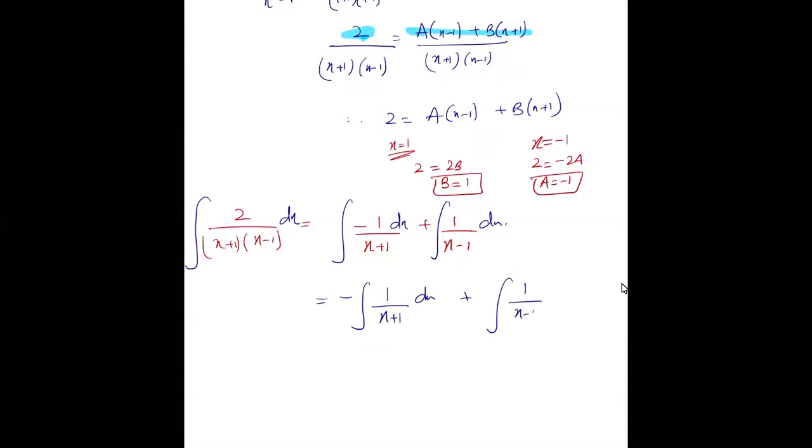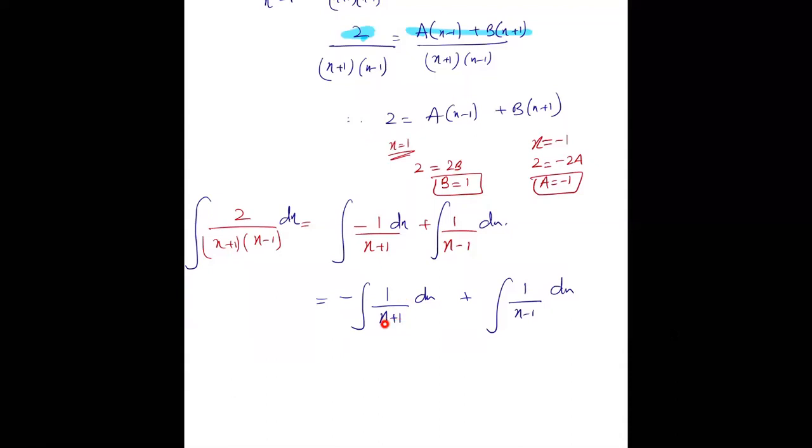So can you recall what was the integration of such fractions, 1 upon x plus 1? What is the differentiation of the denominator? The differentiation of the denominator is 1.